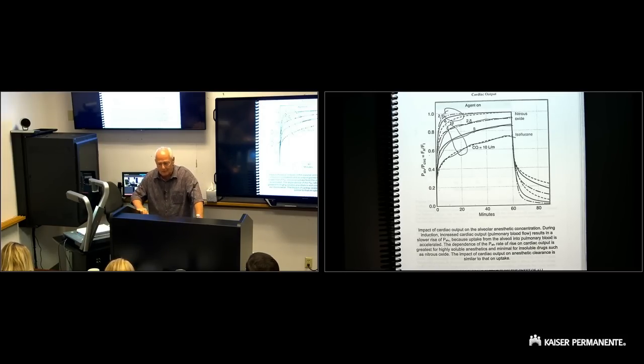Increases in cardiac output slow the speed of putting someone to sleep. However, it affects the slow ones more than the fast ones. It's the other way around. So bad lungs affect the fast ones more than the slow ones. And cardiac output increases affect the slow ones more than the fast ones.